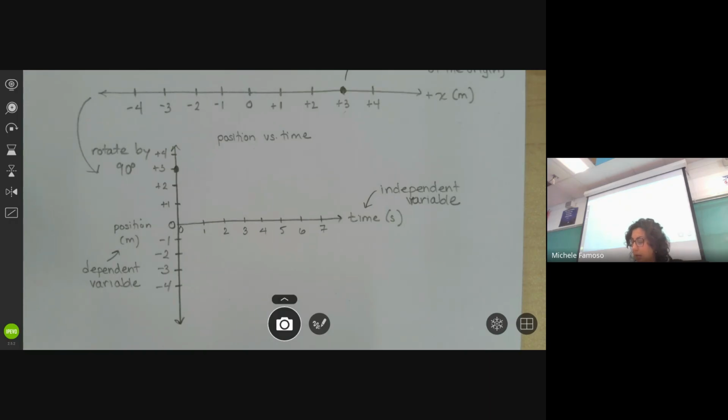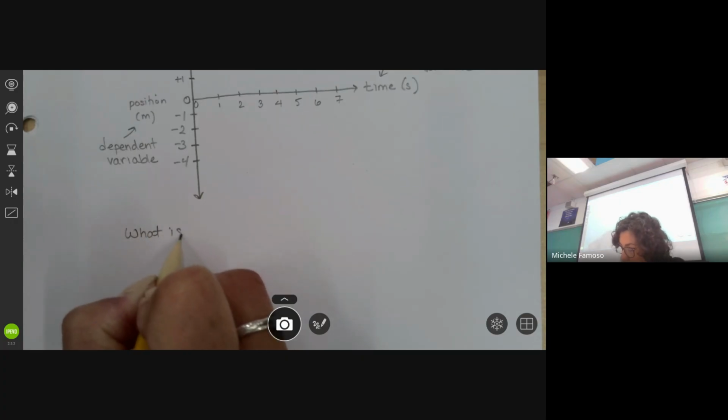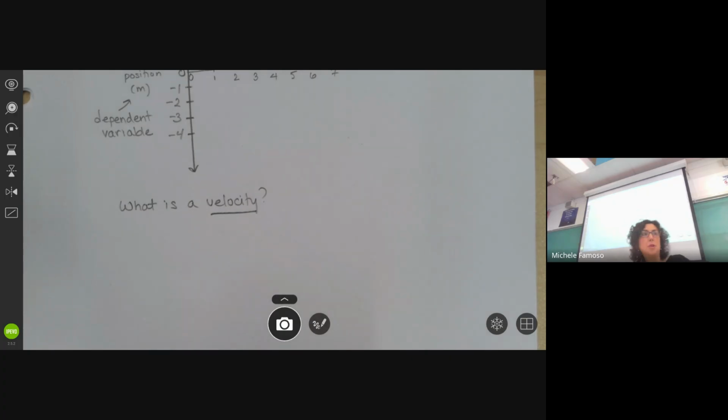Okay, let's now talk about the term velocity. What is a velocity? Some physics vocabulary here. We just kind of defined that in the lab.